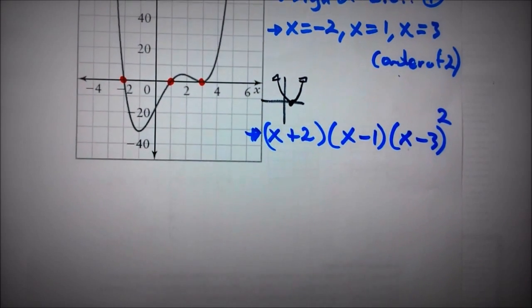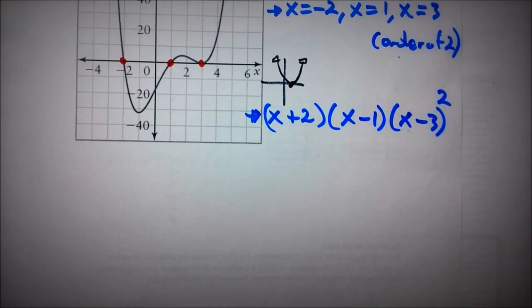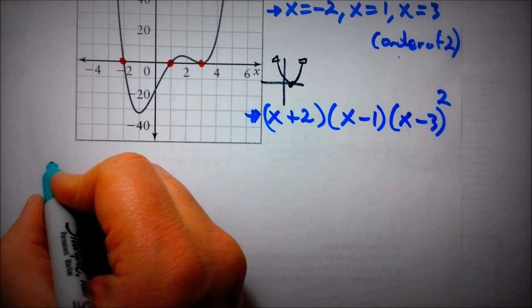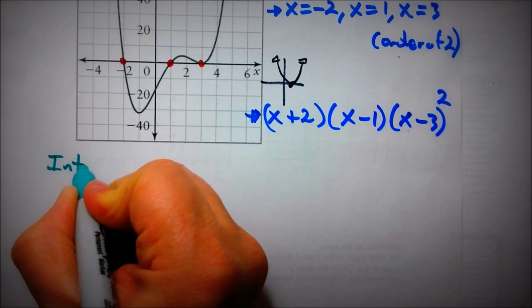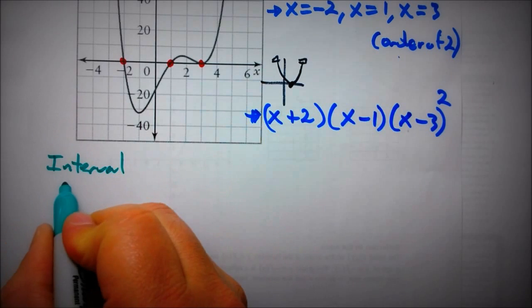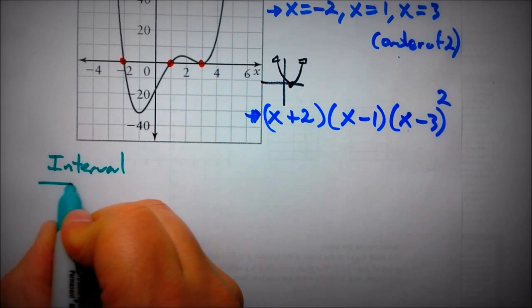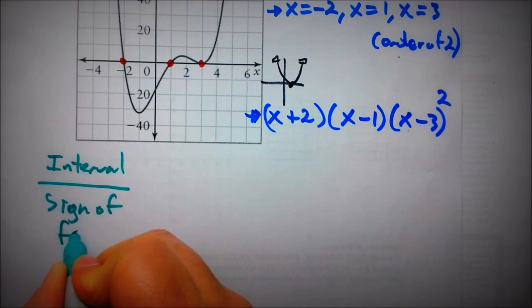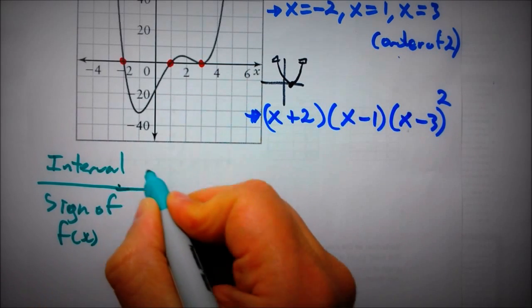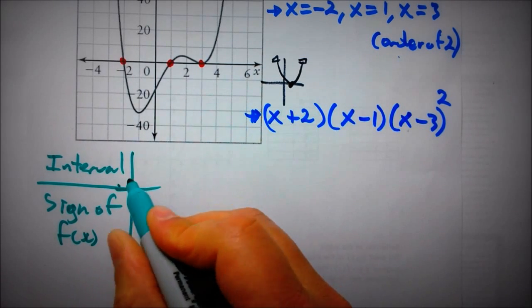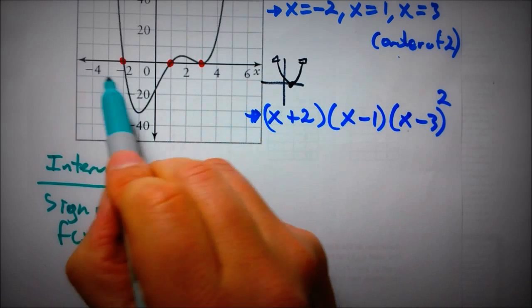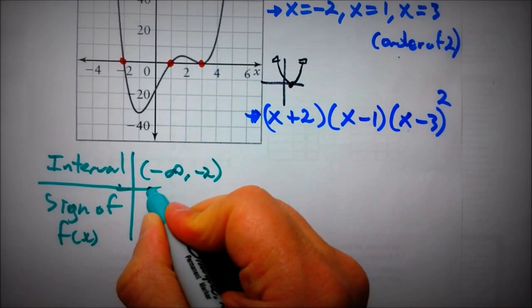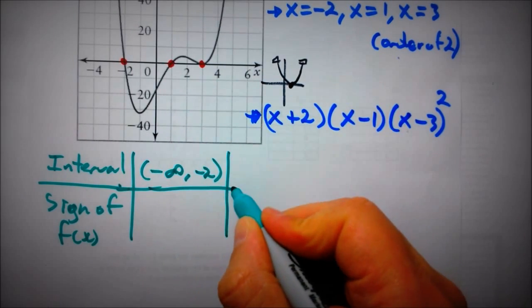And then, very similar to before, they're asking us to find the intervals where the function is positive and the intervals where it is negative. Same thing as before, we do a table: interval, sign of f of x, and we start outlining the intervals. From -infinity all the way to -2, we're going to see how that function behaves.